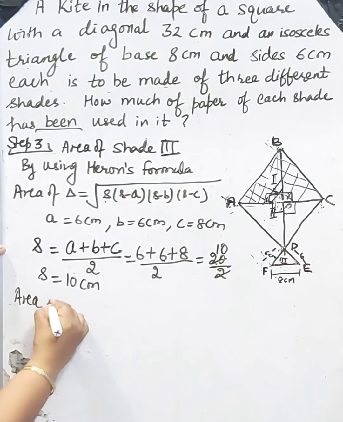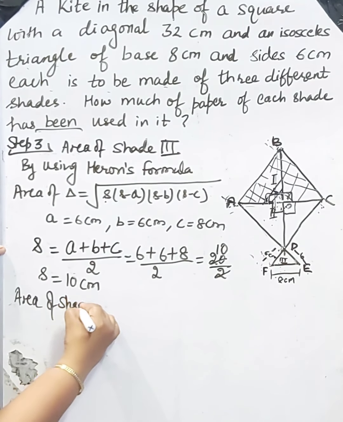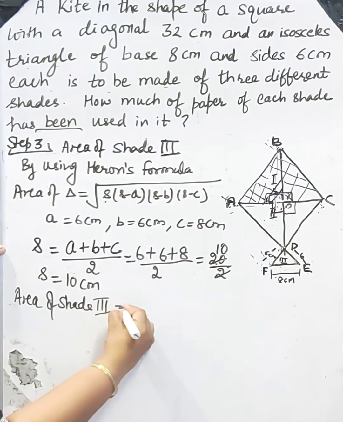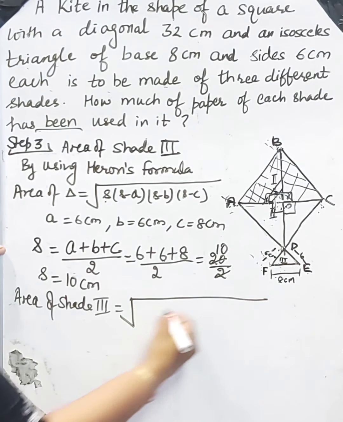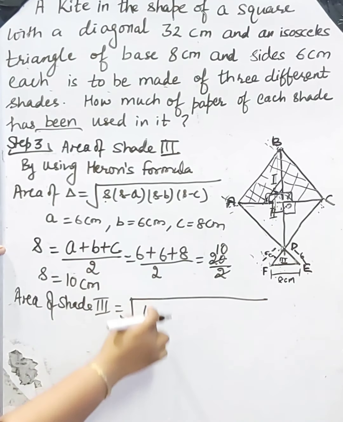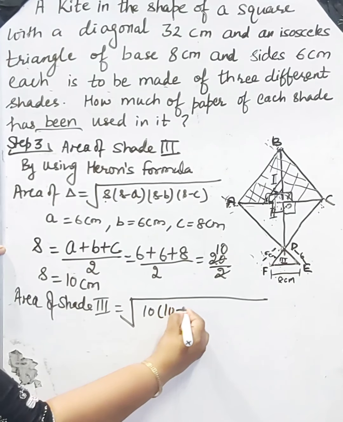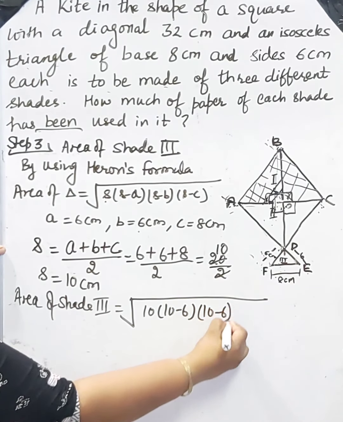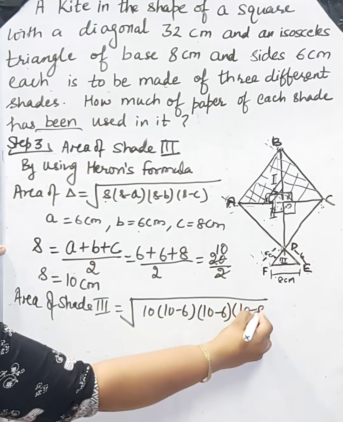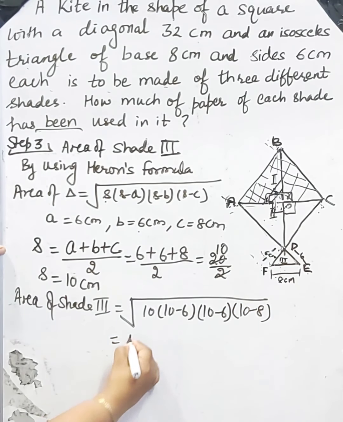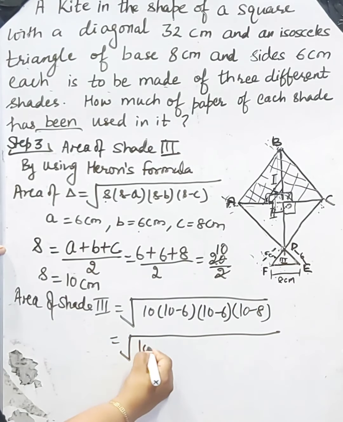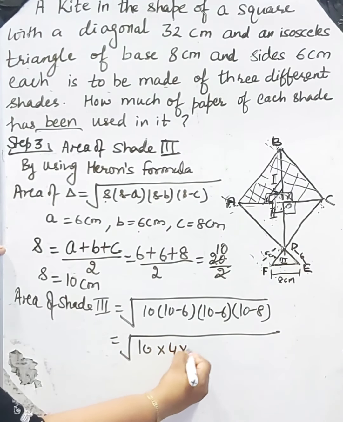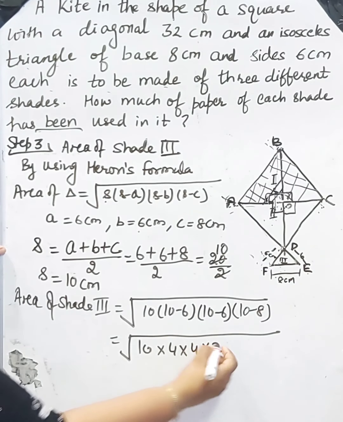Area of shade 3 equal to under root S, S minus A, S minus B, S minus C. Then it will become 10 into 4 into 4 into 2.